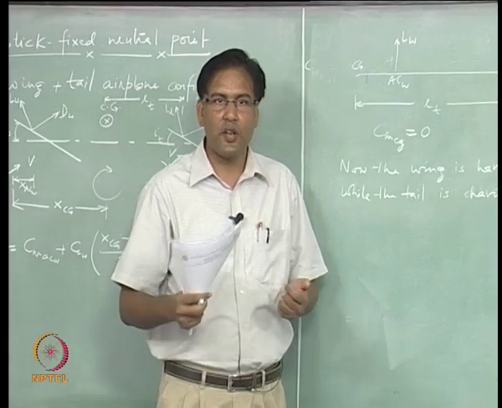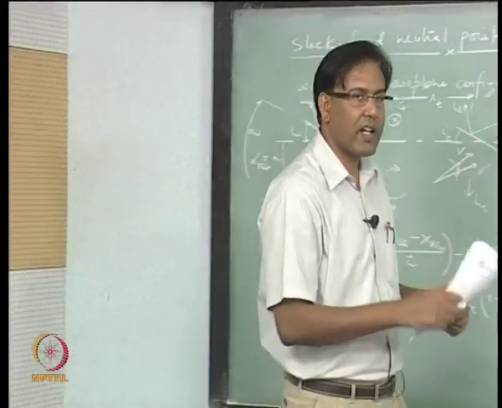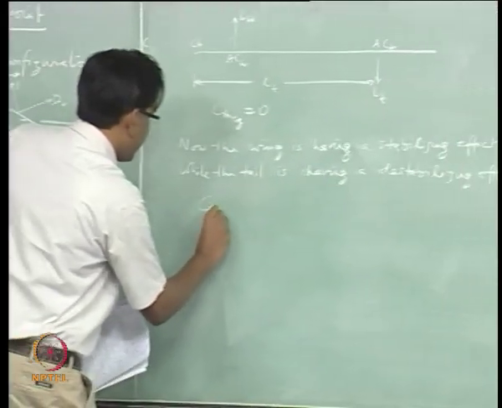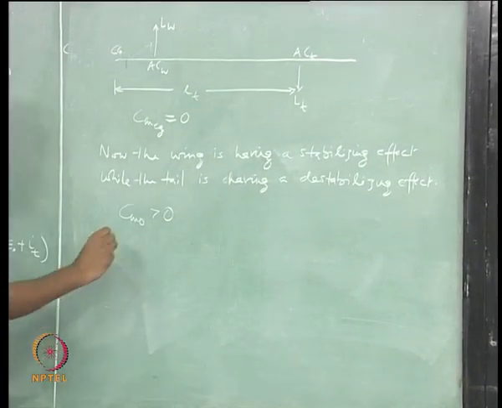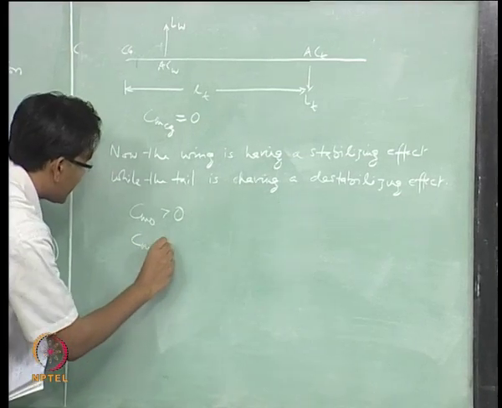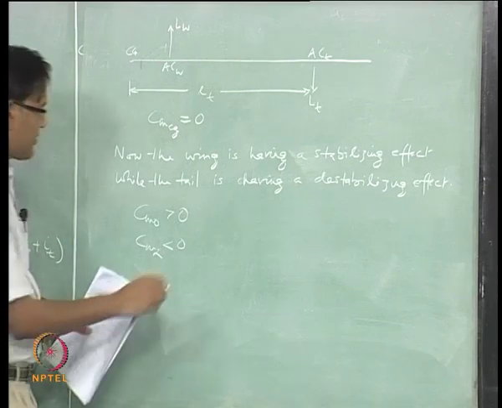Cm naught is still going to be positive, right. So, I am satisfying all the criteria: I am satisfying Cm naught greater than 0 and you have Cm alpha less than 0, right, and trim is maintained.